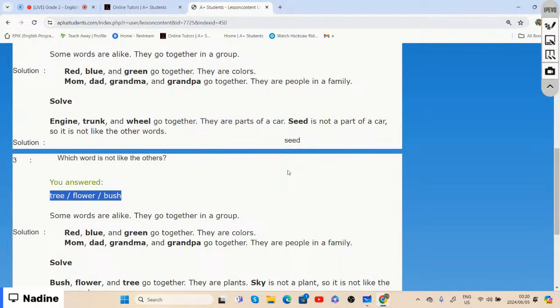So a tree more has your big trunk. It either grows apples or stuff on the tree, right? A tree can grow very big. Sometimes it even grows very wide, depending on the type of tree. Then we have a flower, right? A flower has more of a thinner stem, and then it has a leaf, of course, and then also it has different colorful flowers.